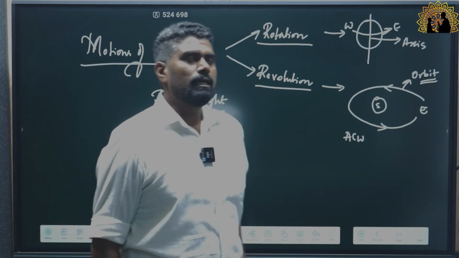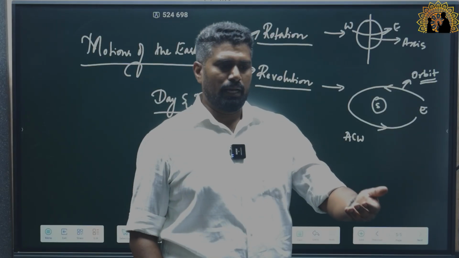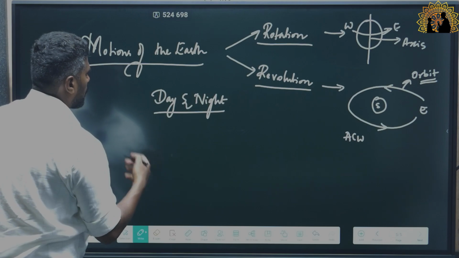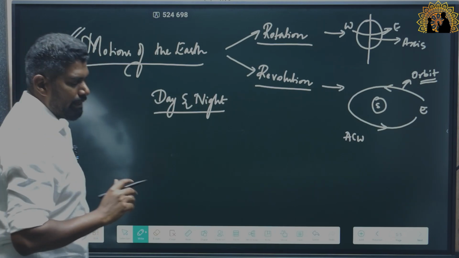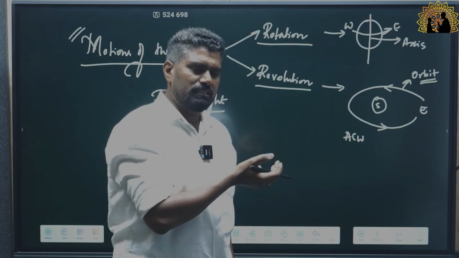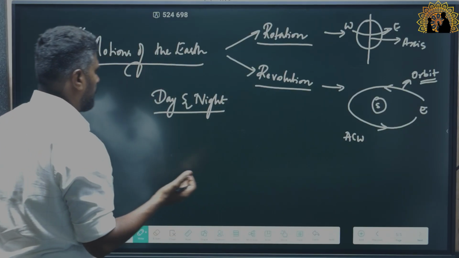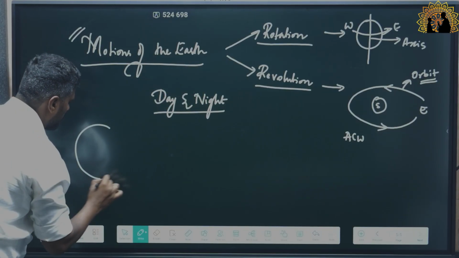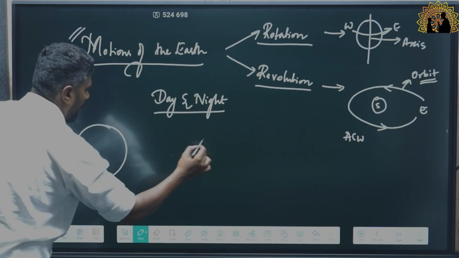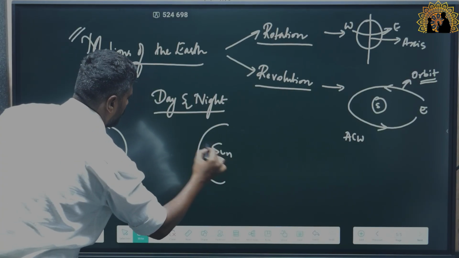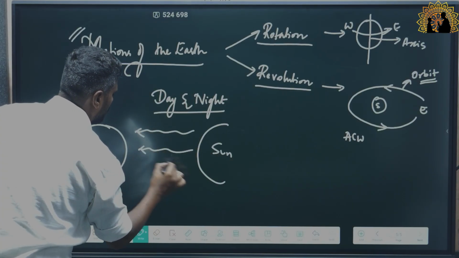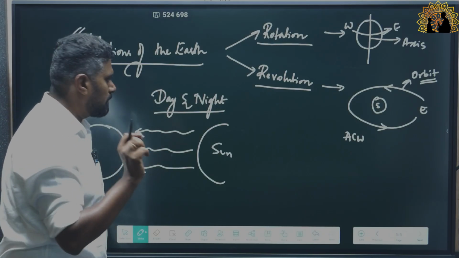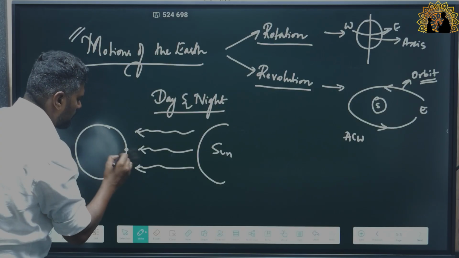So what makes these latitudes and longitudes very important is very simple. I'm not going into detail on the motions of the Earth, but I'm telling this to explain why the Tropic of Cancer and Tropic of Capricorn become quite important for us. If this is Earth and we have the sun, the sun rays come and hit the Earth. The very first point the sunlight hits, because of the curvature, is the equator.